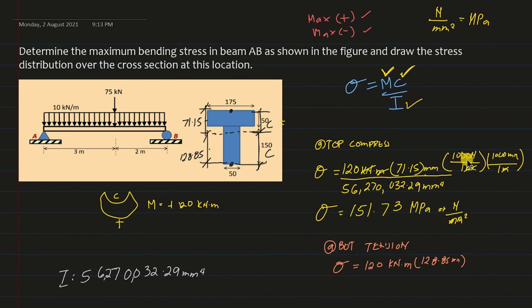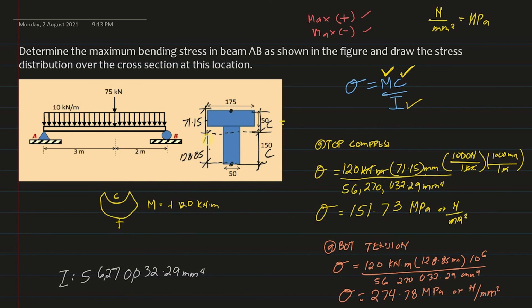So, ating conversion factor, that's 1,000 times 1,000 is 1 million, which is also the same as 10 raised to 6, divided by 556,270,032.29 millimeter raised to 4. The value now of our sigma or the bending stress at the bottom would be equal to 274.78 megapascal or Newton per millimeter squared.